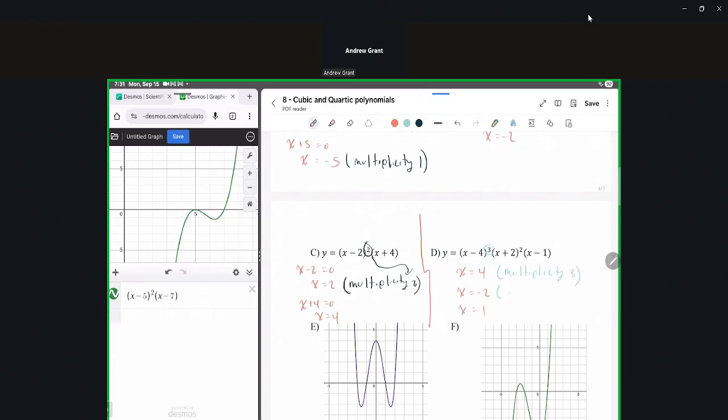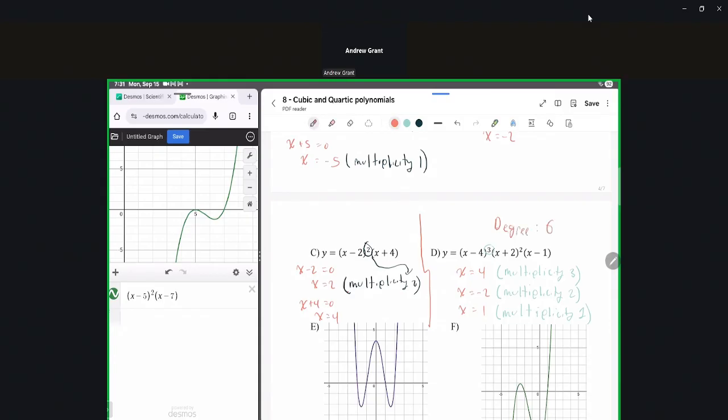At x equals negative 2, the multiplicity is 2. And then at x equals 1, it's just 1. But again, if you so wish, there's nothing wrong with this, but you can write multiplicity 1.